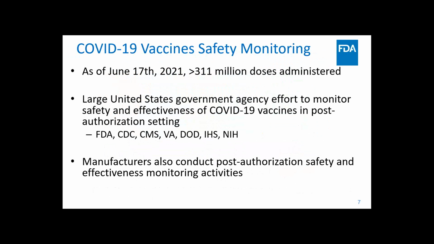I'm going to speak mainly about FDA and CDC's efforts, but there's also the Centers for Medicare and Medicaid Services, the Veterans Administration, the Department of Defense, the Indian Health Service, and the National Institutes of Health. All of these agencies have COVID-19 vaccine safety monitoring efforts in place. In addition to the government efforts, the manufacturers also conduct post-authorization safety and effectiveness monitoring activities. Next slide, please.